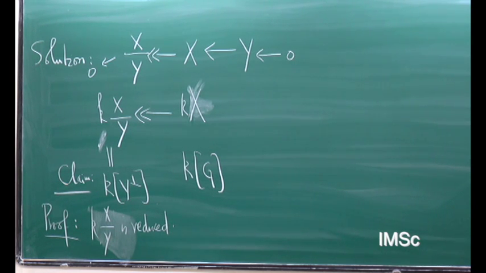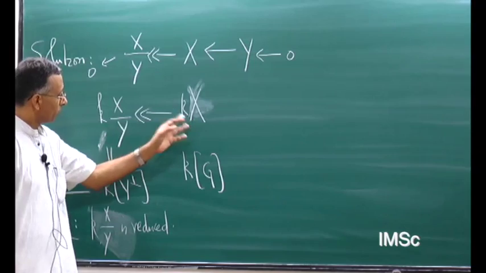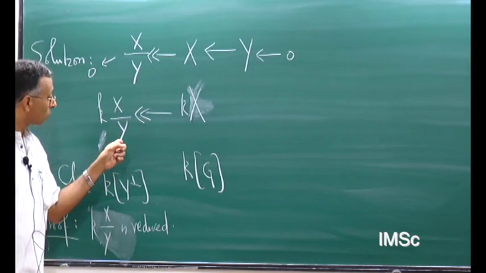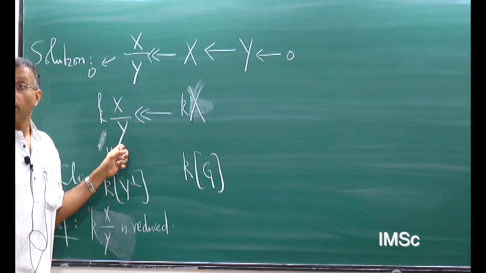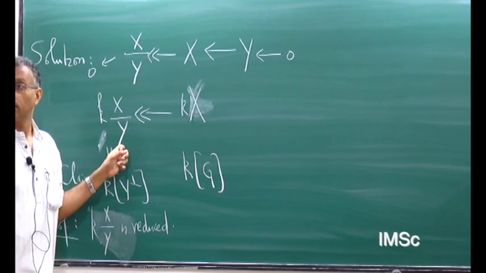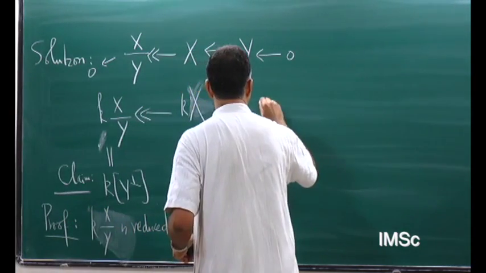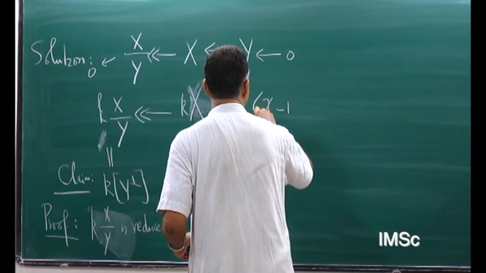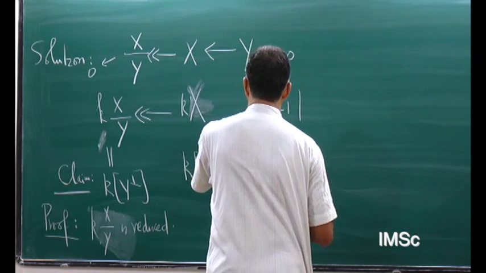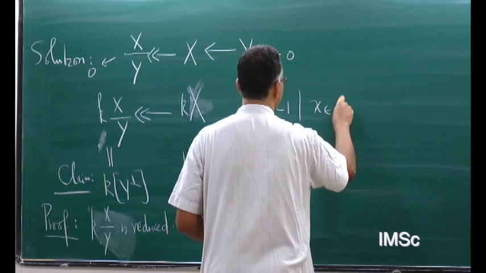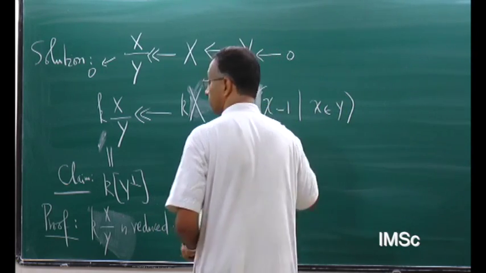Why? Because what have you gone modulo? If you think through this, you've gone modulo chi minus 1, chi in Y. So I claim the kernel of this map is the ideal generated by chi minus 1, chi in Y.